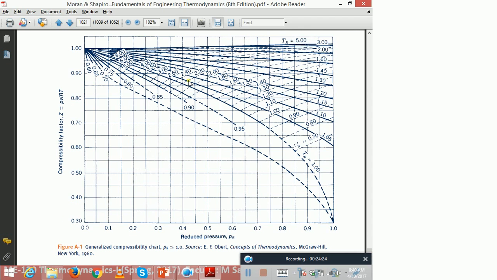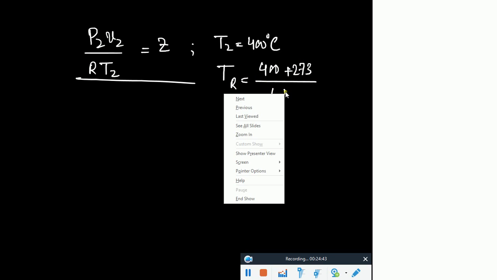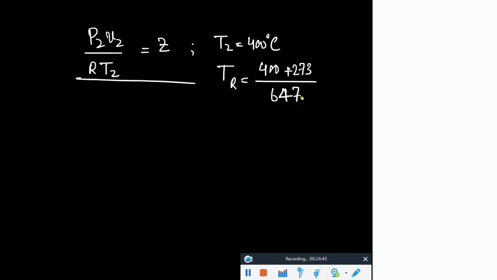That was 400 degrees centigrade. So T2 is equal to 400 degrees centigrade. So what is TR? That is 400 plus 273 divided by 647. So find that value of TR.